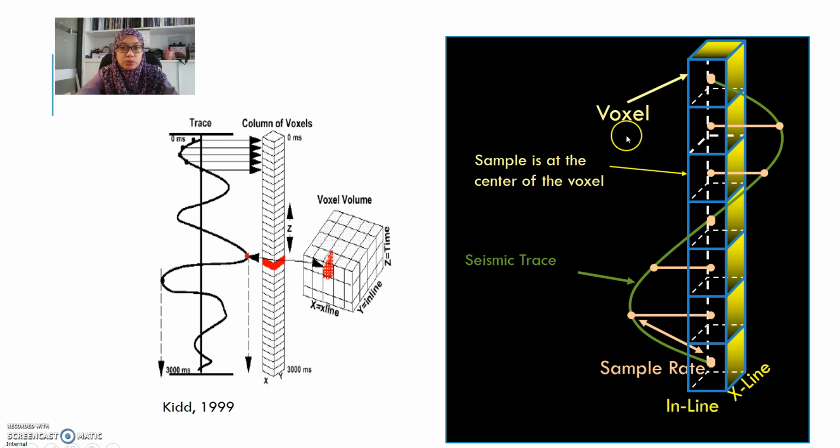Here you can see your seismic trace, where you have your positive loop and your negative loop. Your seismic trace is in green, and you can see the changes: the peak is high amplitude, and this is also high amplitude in negative value. These cubes are represented by inline, cross-line, and depth sections. Each sample is at the center of the voxel, and samples 1 to 251 go to the first cube.